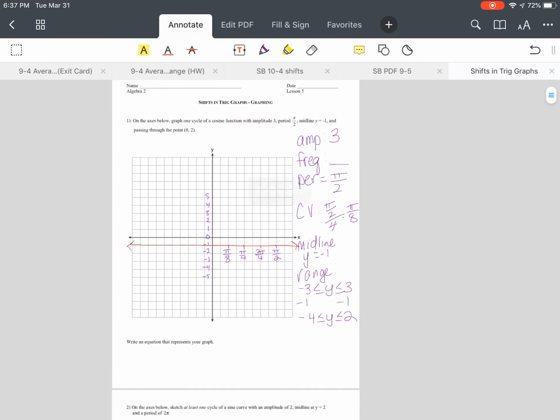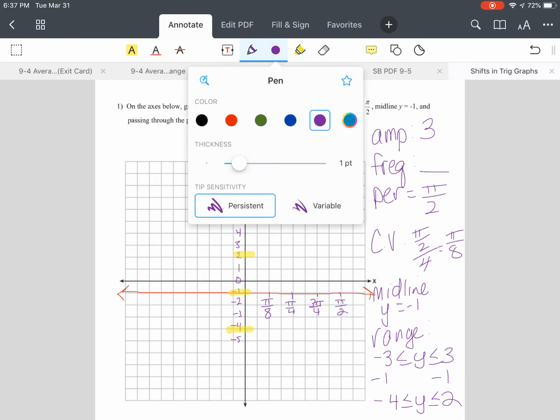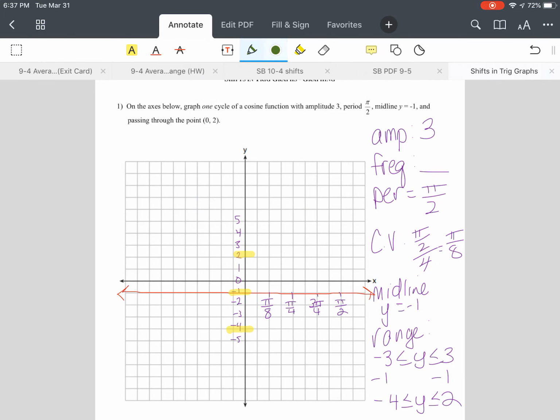And they only want us to graph one cycle of a cosine. Okay, so we know, I'm just going to do a little highlight. We know the highest y is 2, and we know the lowest y is -4, and we also have our midline. So we graph it the same way we've graphed all our cosines. So this tells us it goes through the point (0, 2). Well, that's good. It goes through the highest.